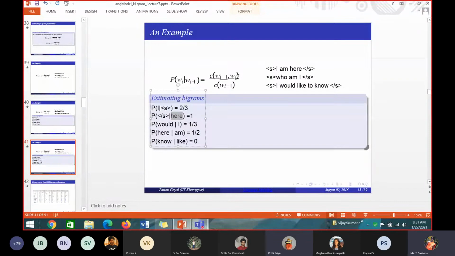Wi minus 1 is like. So there is no word called like followed by no. Is there any sentence in my corpus with like followed by no?